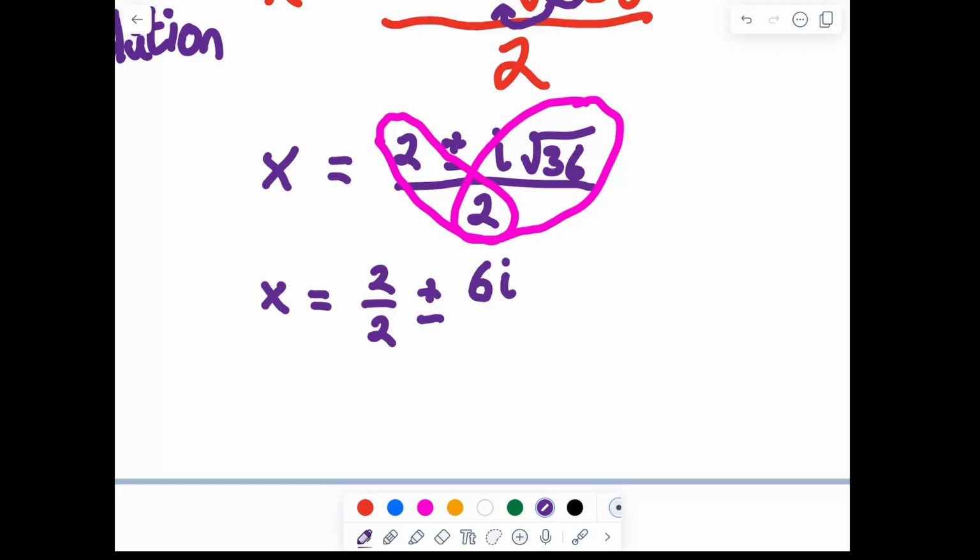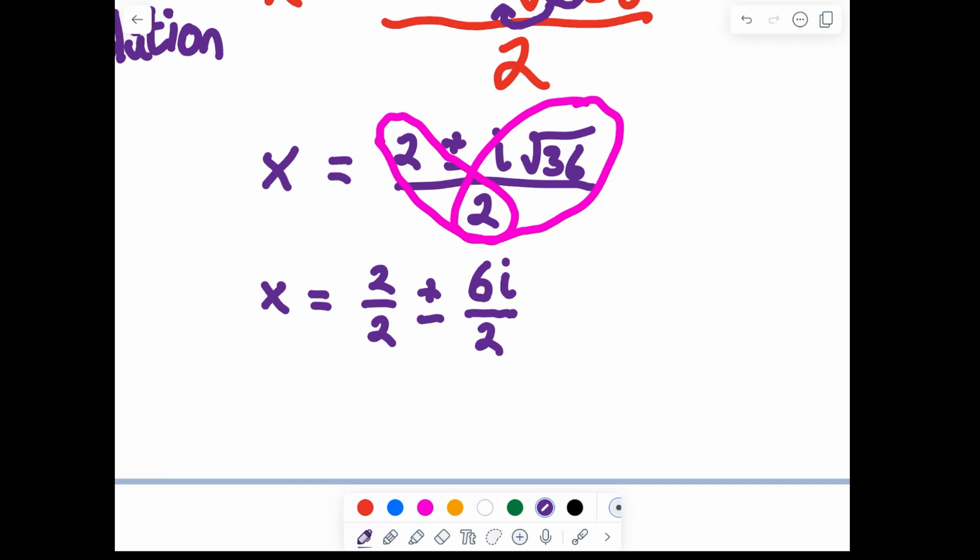So I have x equals 2 over 2 plus or minus. When I write i times the square root of 36, I'm not going to write i6. I'm going to write 6i, just like you wouldn't say x6, you would say 6x.